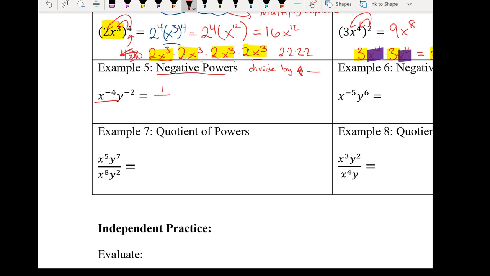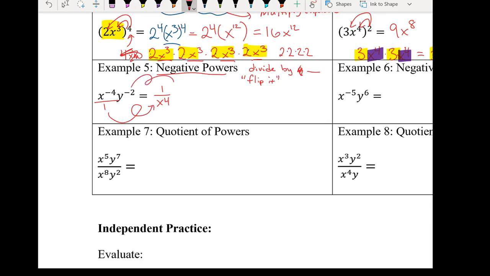So the way we write that is 1 over x to the 4th. Whenever you have a negative exponent, another way to think of it is you could just flip it. Imagine having this as x to the 4th over 1. We flipped it upside down to get 1 over x to the 4th.